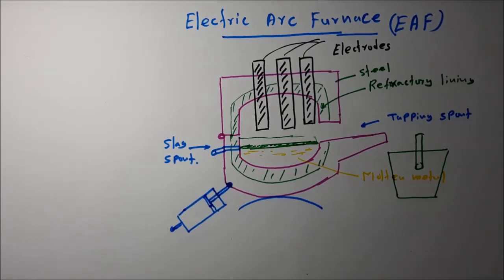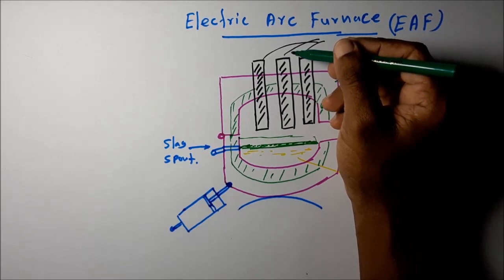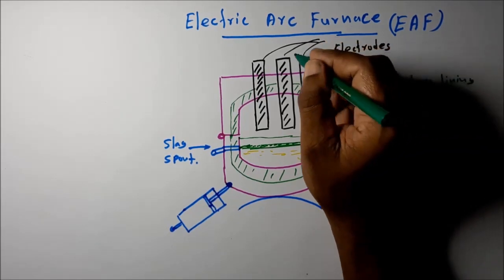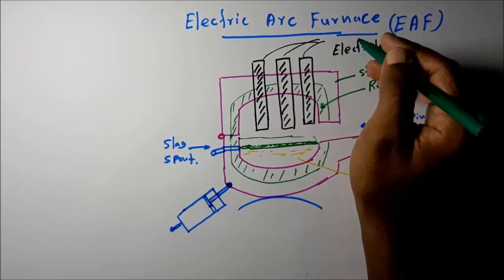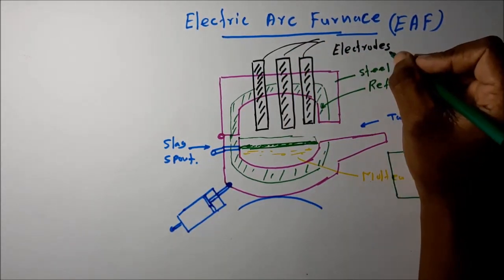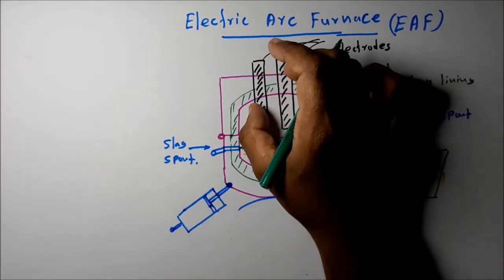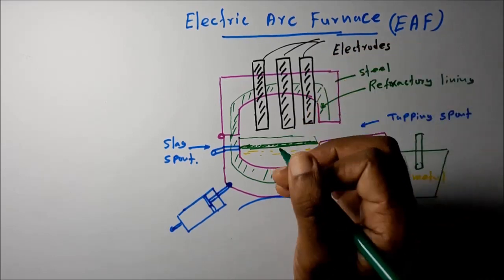Then how does this work? High power alternating current, AC, and also DC can be used. High power current is supplied to the electrodes.